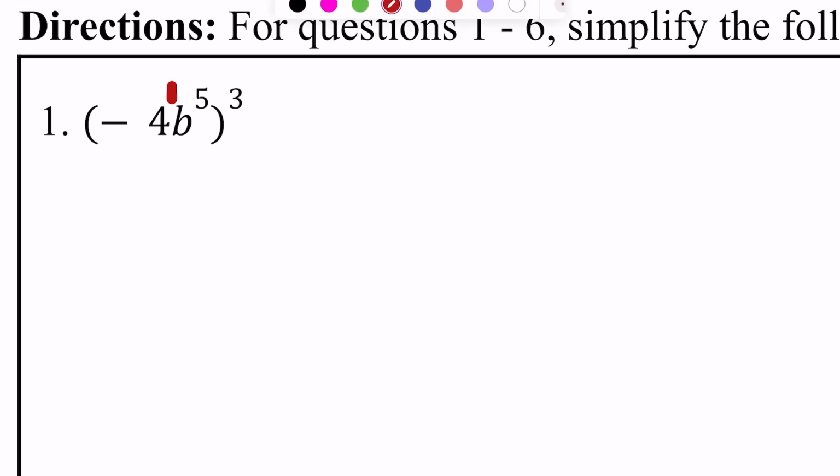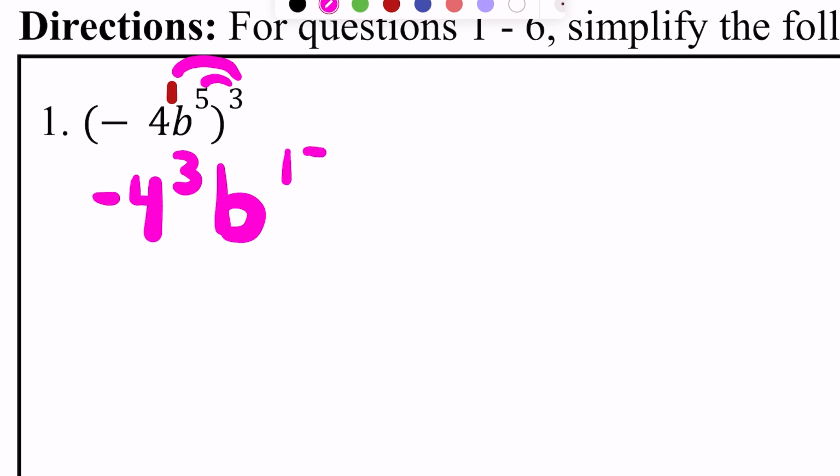You are now going to multiply both those exponents by the outside 3. You're basically distributing the 3 to both of those exponents. So you will have -4, 1 times 3 is 3, then b, 5 times 3 is 15. You're multiplying the exponent of that current term with the outside exponent, which was 3.